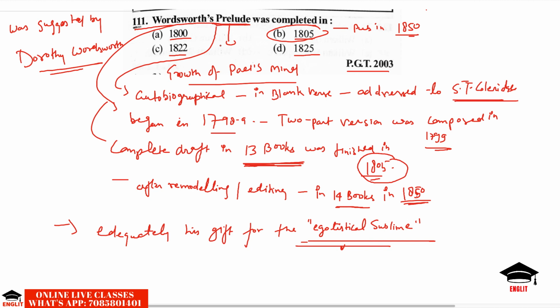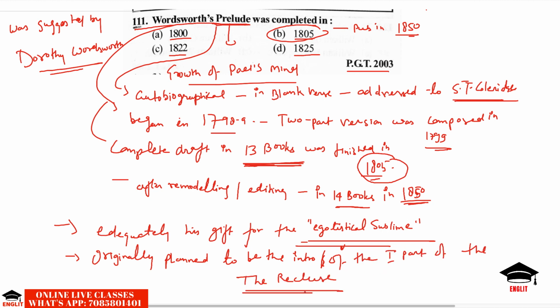He has given a very magnificent or grand description of the development of his mind, of his life towards nature. That's why it is egotistical sublime. Actually, Prelude was originally planned to be the introduction of the first part of The Recluse. The Recluse, which was never completed, did not come in its finished form. So the present poem, Prelude, was planned to be its introduction.